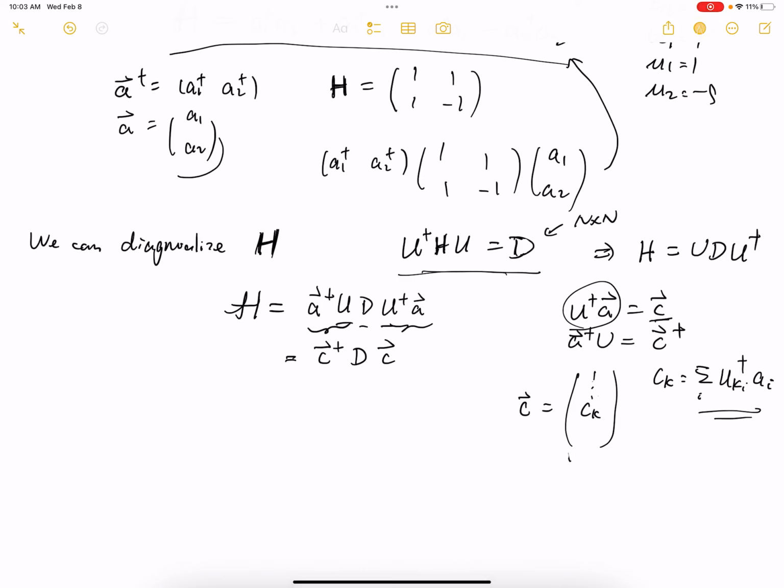This is linear algebra. This is how you perform a matrix times a vector. It's going to be a sum given by that. This is UKI, the Kth row and Ith column. Because there's a U dagger here, this is the Kth row, Ith column of the matrix U dagger, times AI.